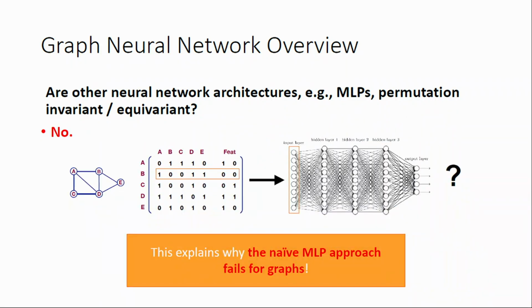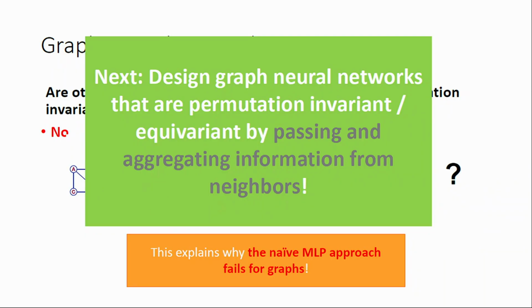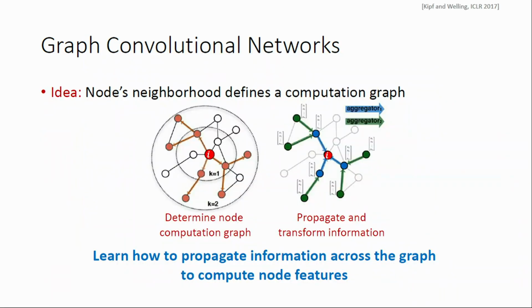All right, so the problem of graph neural networks is how we design these architectures using some of the known operators that are equivariant and invariant. The idea of graph convolutional neural networks is that they define a new way of doing computation. Instead of having a fixed computation graph given the input structure, graph neural networks define a new computation graph based on the input structure itself, based on its connectivity.